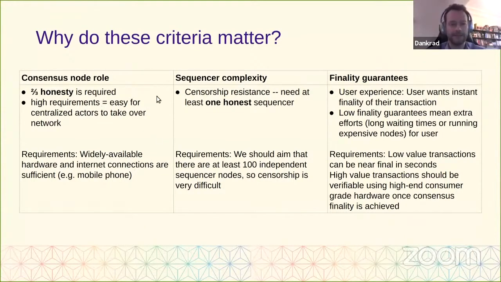So there's a difference between the consensus nodes and the sequencer: for consensus, you need a large number of honest nodes to maintain censorship resistance, whereas for sequencer complexity, you just need one honest sequencer. My personal feeling is that ideally we want to find something where it's easily possible that we have 100 or so independent sequencer nodes in the world, and that would make it very difficult for any actor to enforce censorship among them.